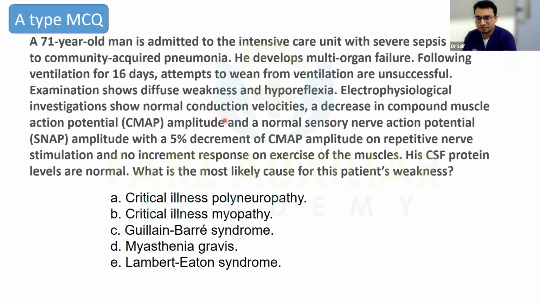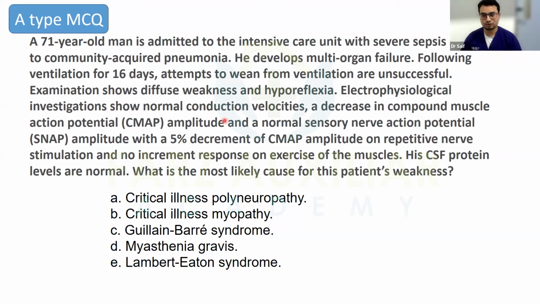Now, there is a question for you regarding the diagnostics. A 70-year-old man is admitted to ICU with serious sepsis secondary to community-acquired pneumonia. He develops multi-organ failure. Following ventilation for 16 days, attempts to wean from ventilation are unsuccessful. Examination shows diffuse weakness and hyporeflexia.